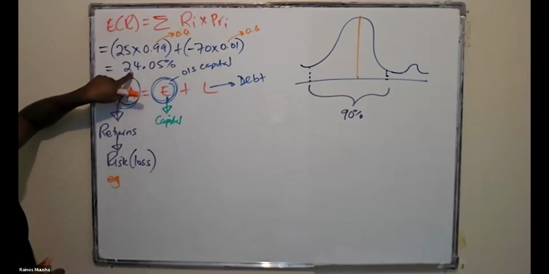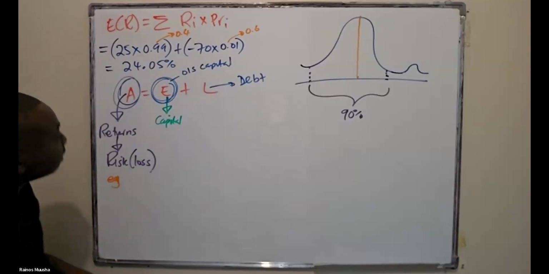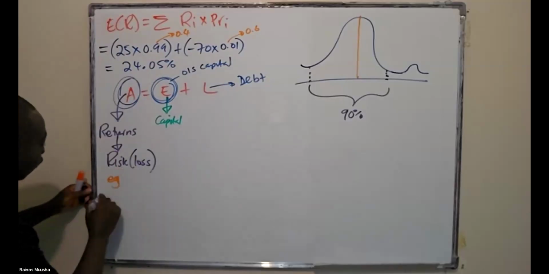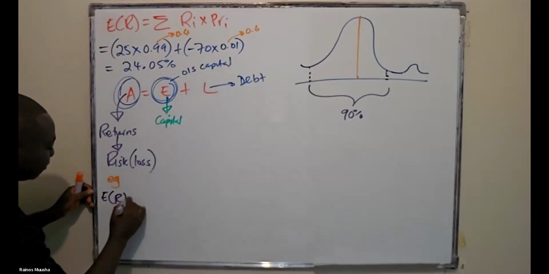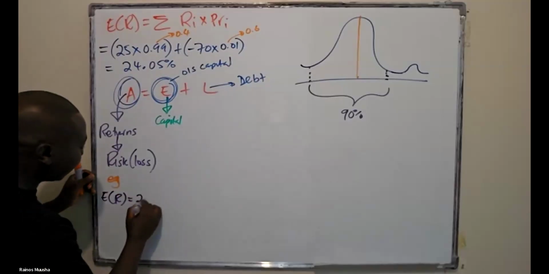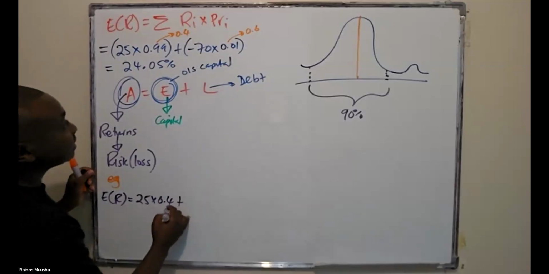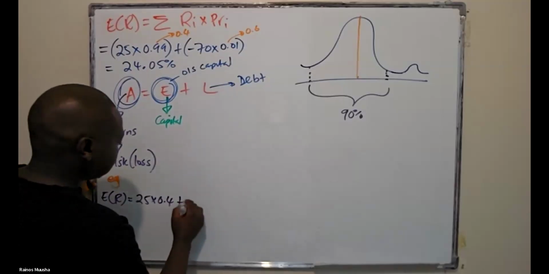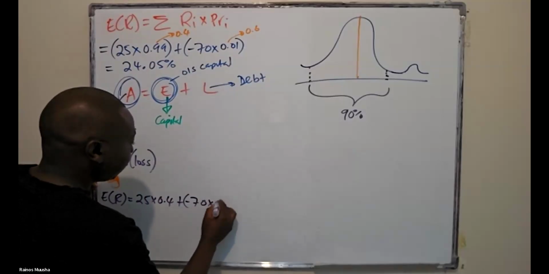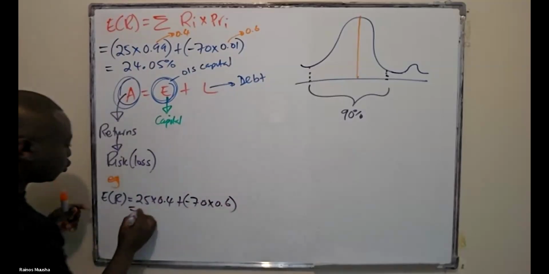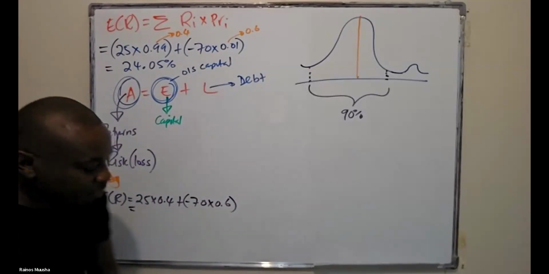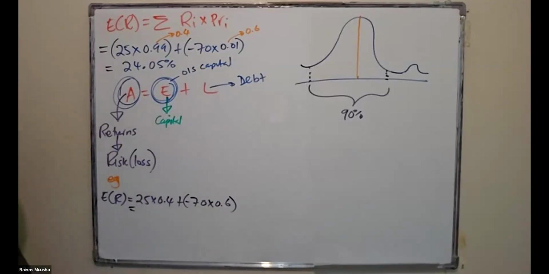What is going to be the effect on the expected return? The expected return will be given as 25 multiplied by 0.4 plus minus 70 multiplied by 0.6. So if you do the calculation there, how much do you get?